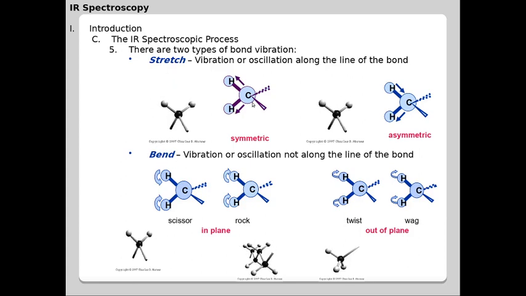Stretching could be either symmetric, which involves symmetric stretching or symmetric compression of the involved covalent bonds, or asymmetric stretching, where one of the bonds stretches out while the other bond compresses in. The bending vibrations could be either scissoring vibrations, just like the legs of a pair of scissors move, or rocking vibrations, where, as you have seen in concerts, people rock their hands to either side when the music plays. Such a motion is called rocking motion.